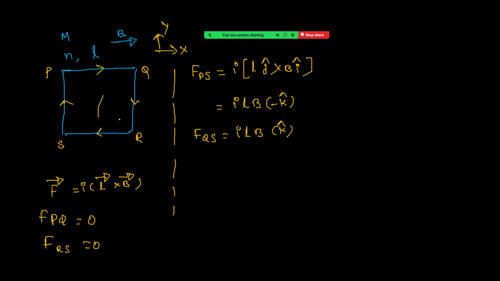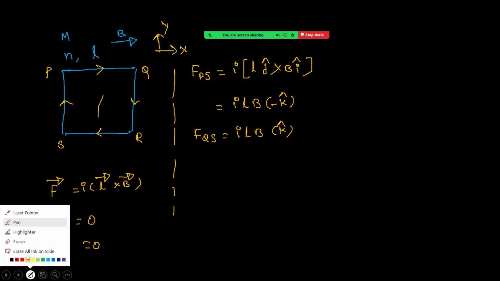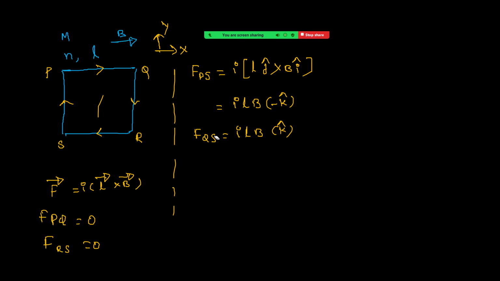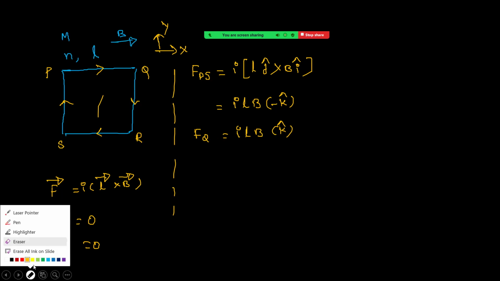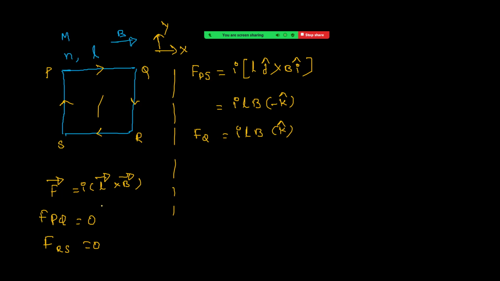I am repeating. Because of the force on QR. So this is QR, okay, not QS. This is QR. So because of the force on QR, the square loop is having a tendency of rotation about PS. Okay, about PS, it will try to rotate.